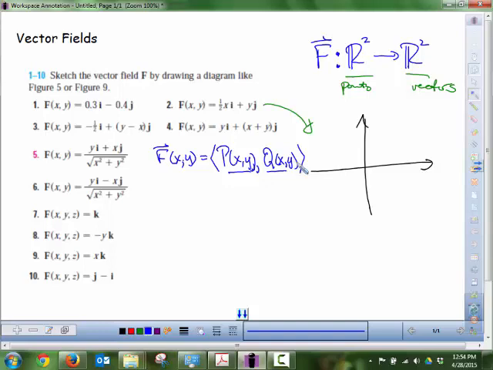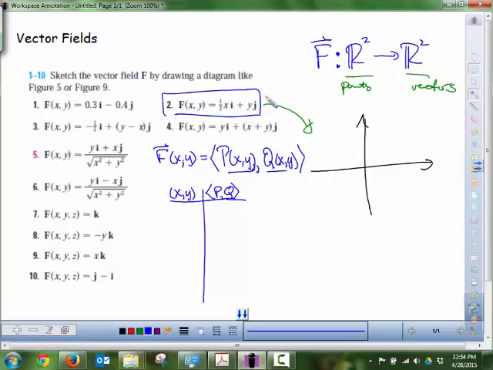Now that I gave it a name, I'm more comfortable making this table. Let's make this table with xy, and then we'll call this the PQ vector. We'll take this as our example over here. Our f of xy is equal to this. The i and j components are just another way of writing the vector in its two components.